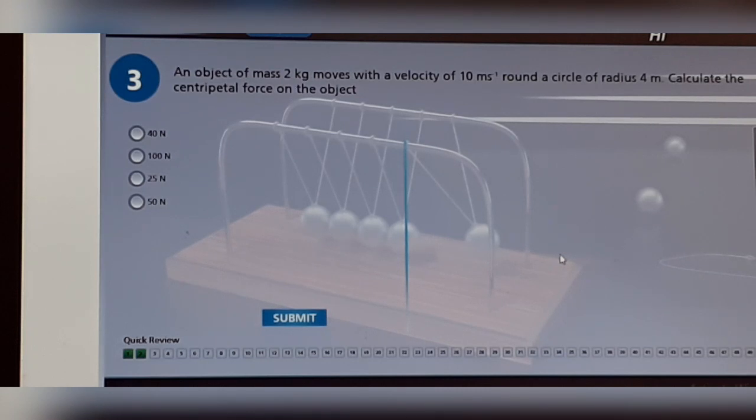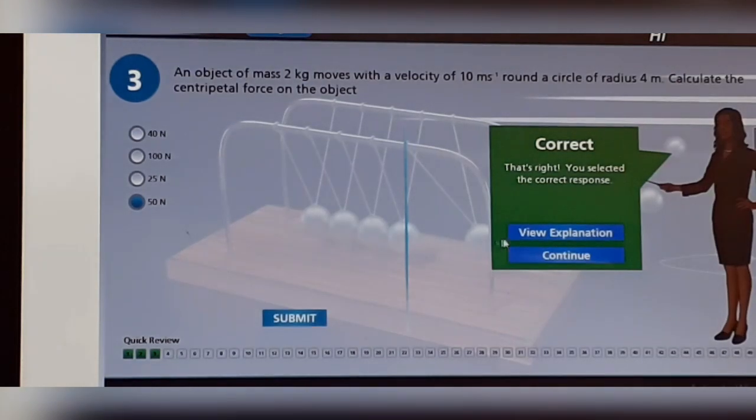Like you all know, centripetal force is a force acting towards the center of the circular path. And the formula for calculating centripetal force is mass times velocity squared over radius. If you solve this problem, we are going to get 50 Newton as our answer.